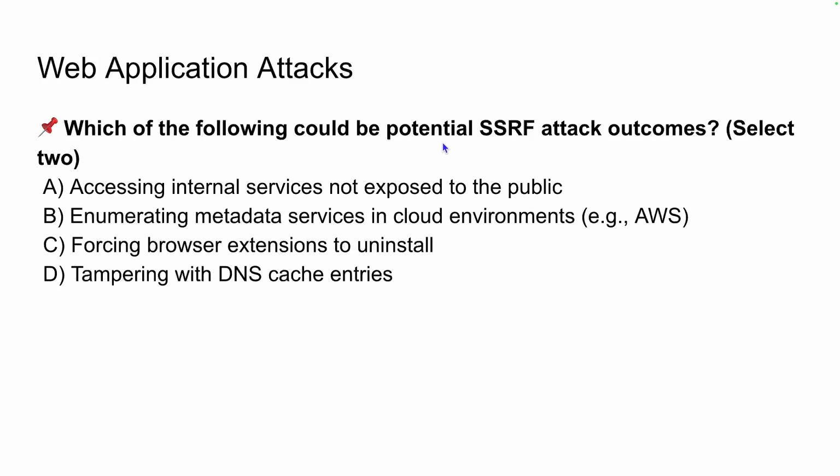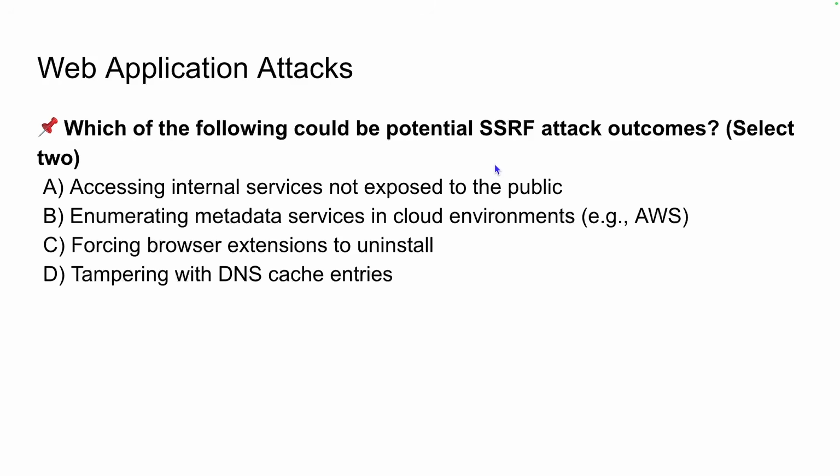Which of the following could be potential SSRF attack outcomes? Select 2. So we need 2 here. Accessing internal services not exposed to the public. Yeah, that could be one. Enumerating metadata services in cloud environments. That could be one. We actually remember we used that one IP address that was available for a bunch of different cloud service providers.